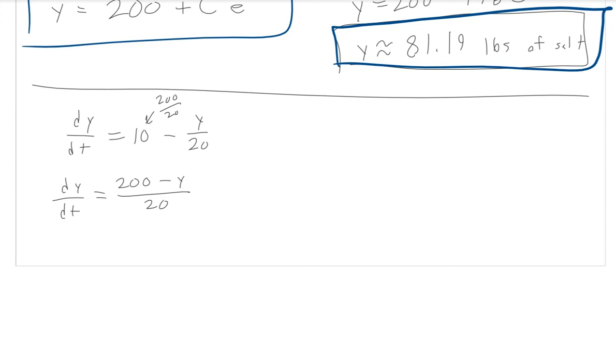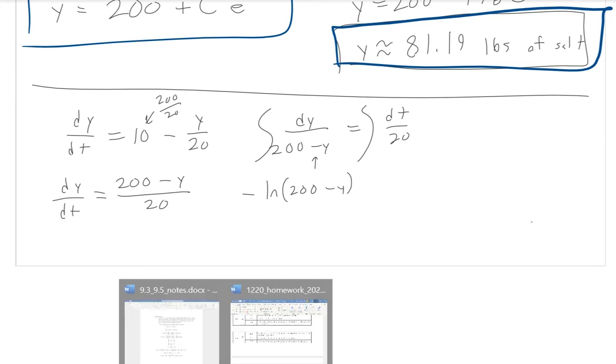And what we get is dy over 200 minus y equals dt over 20. That's separable. We can take the integral of both sides now. This is going to give me natural log of 200 minus y, but also technically the negative of it because that was a minus y there. So you could do u du if you want to check that.